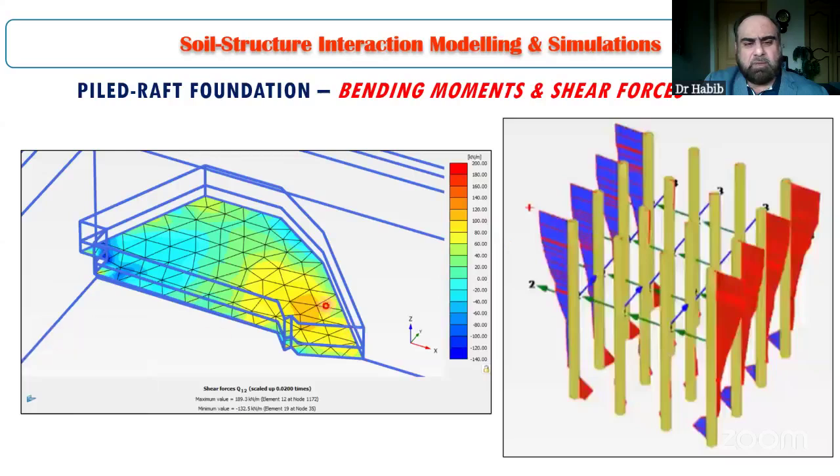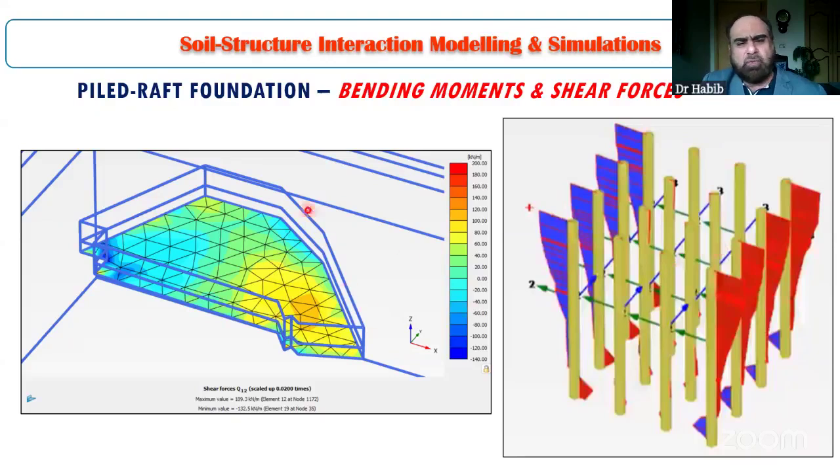Let me take the laser pointer. This is the shear force diagram, or the shear force distribution in the raft, when we are considering raft and piles together in a real-like model in three-dimensional finite element.